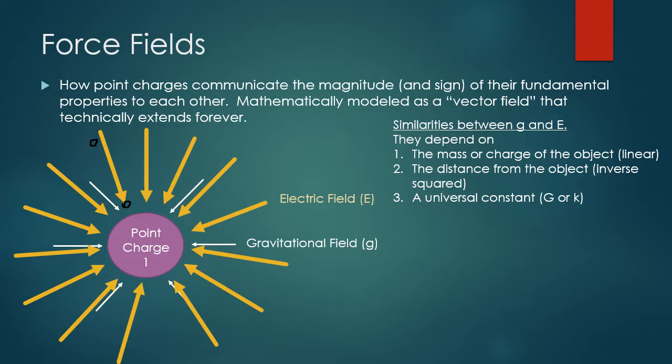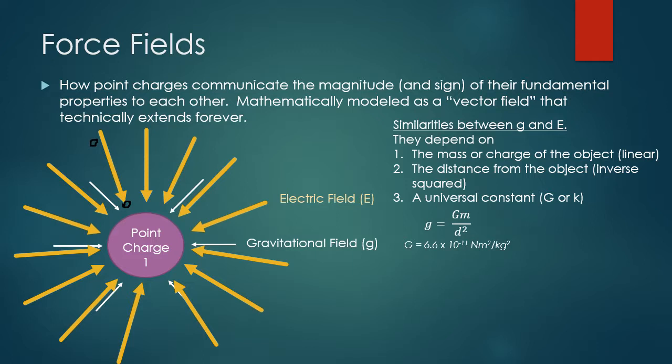So, given those three relationships, the equations have this identical form. For gravitation, little g is equal to big G times the mass of the object causing it divided by the distance squared. And there, again, is the value for that gravitational constant, 6.6 times 10 to the negative 11th Newton meter squared per kilogram squared.